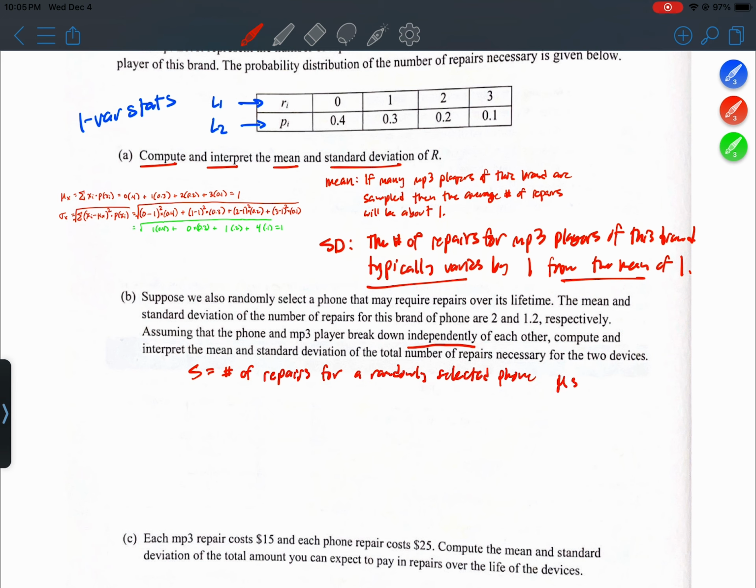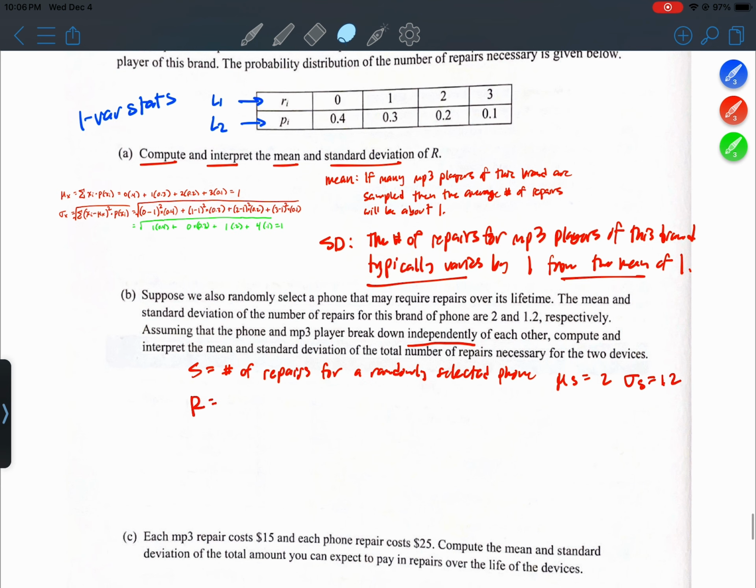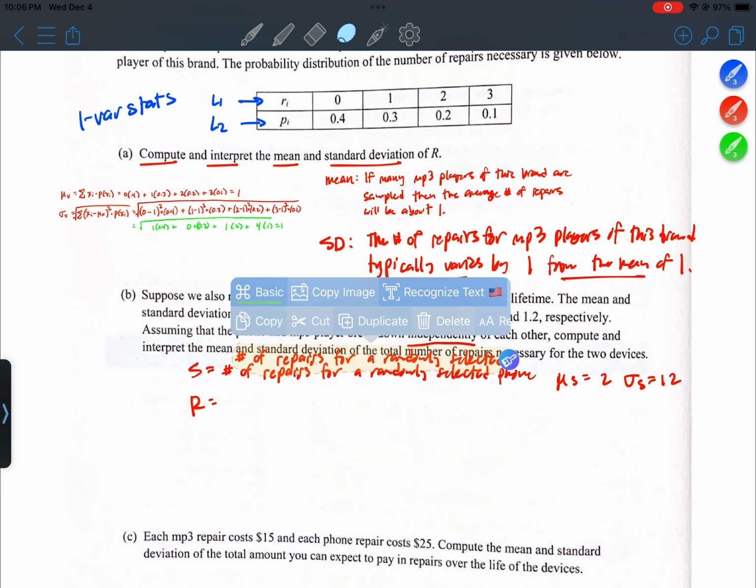And we know the mean of S is 2, and the standard deviation of S is 1.2. Now we also had R, which is the number of repairs for a randomly selected MP3 player.